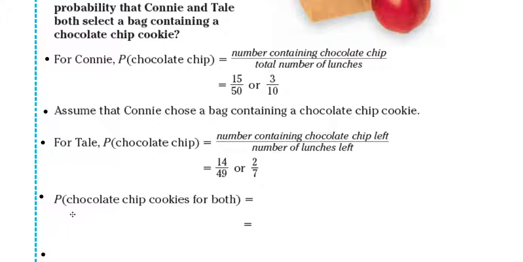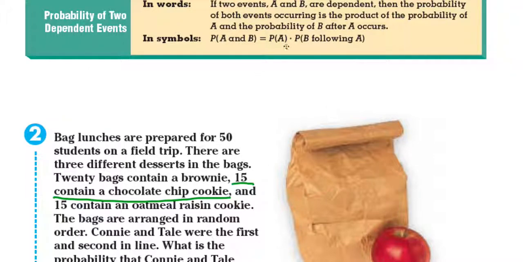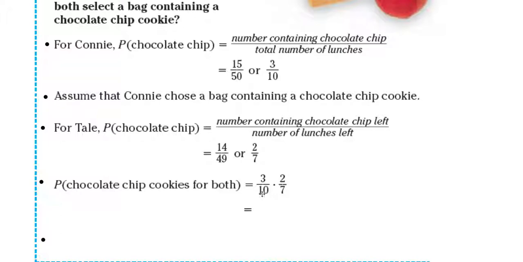So the probability of choosing a chocolate chip cookie in a bag for both of them will be equal to 3/10 times 2/7, or the probability of A times the probability of B after A. So the probability of B following A simply means that this is the probability of A, Connie choosing a chocolate chip cookie, times the probability of Dale choosing a chocolate chip cookie after Connie has chosen her bag.